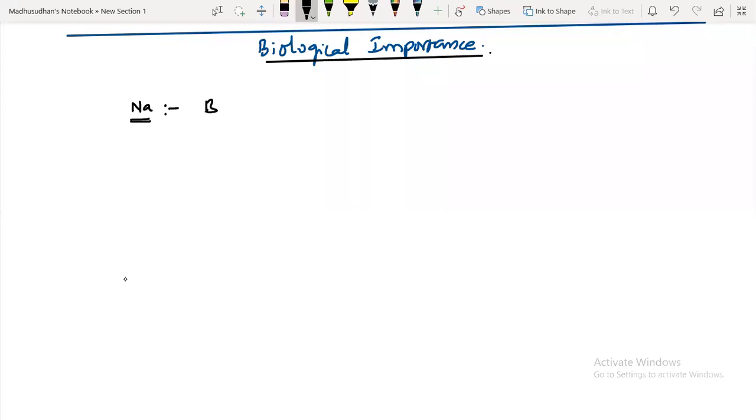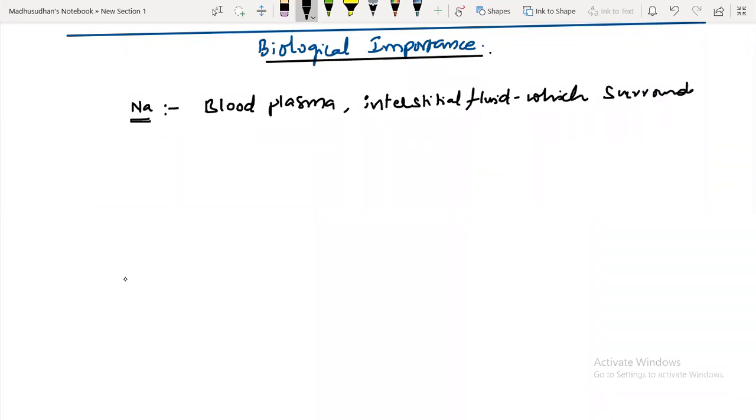I'll write it like this: it is mainly found in blood plasma, and in interstitial fluid, which surrounds the cells.